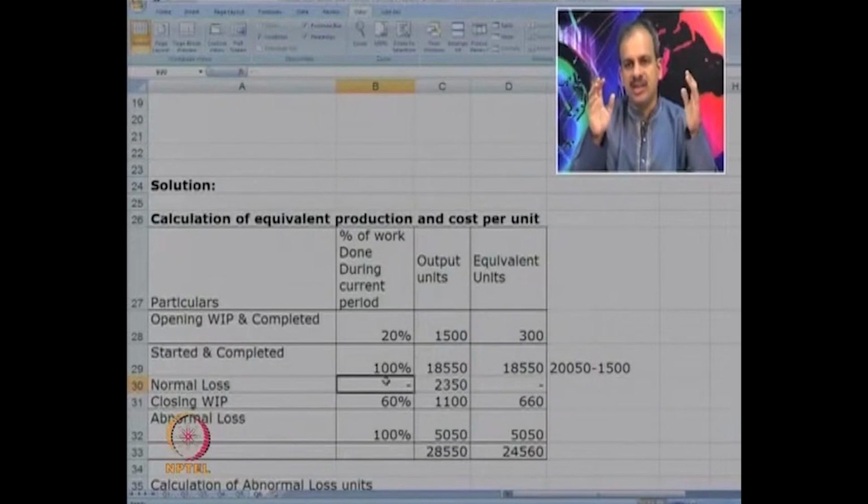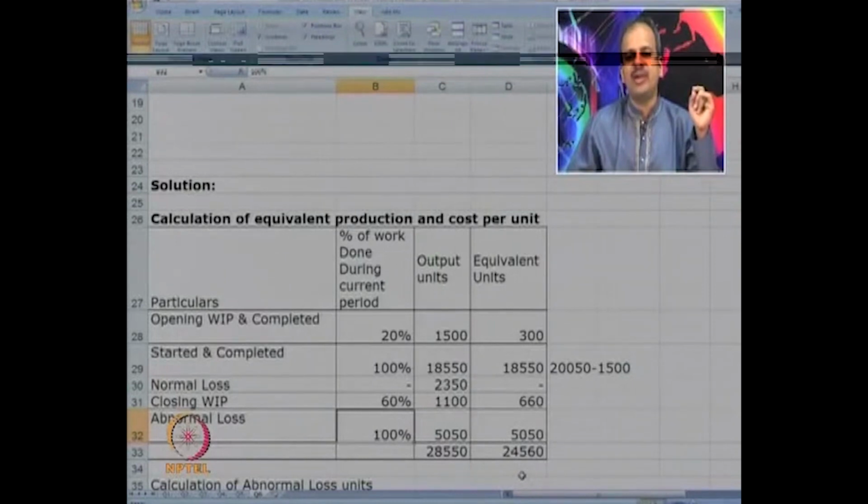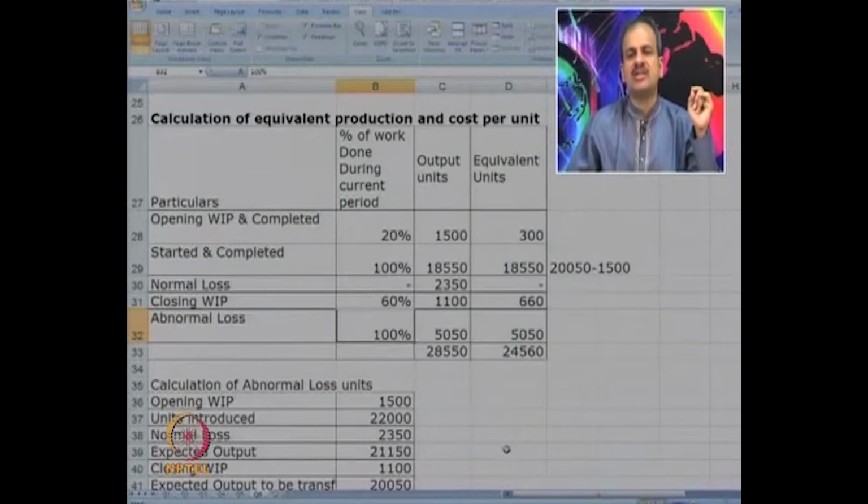So in case of normal loss, we do not take any percentage as equivalent production. Closing stock is 60%, abnormal loss is 100%. So you can see that the equivalent units are calculated for each of them. It's clear? Now let us go for actual cost calculations.